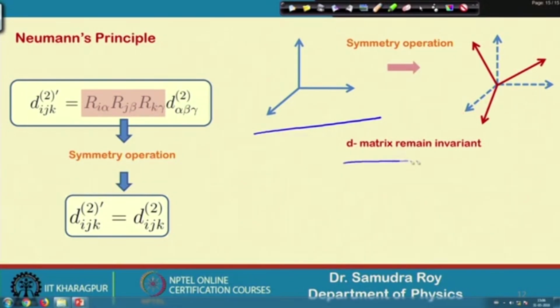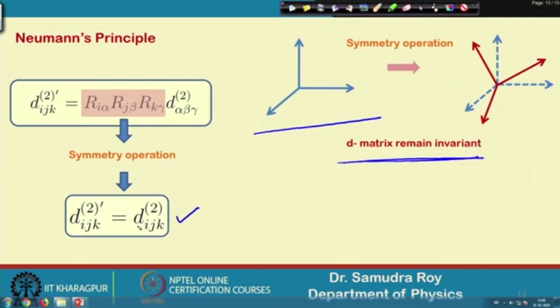The D matrix will remain invariant under this operation; that is the principle, Neumann's principle. That means d i j k prime, after making this symmetry operation over d alpha beta gamma, whatever value we have after the operation should be the same as the previous one. So, d i j k and d i j k prime should have the same value after doing this operation. This is essentially Neumann's principle.